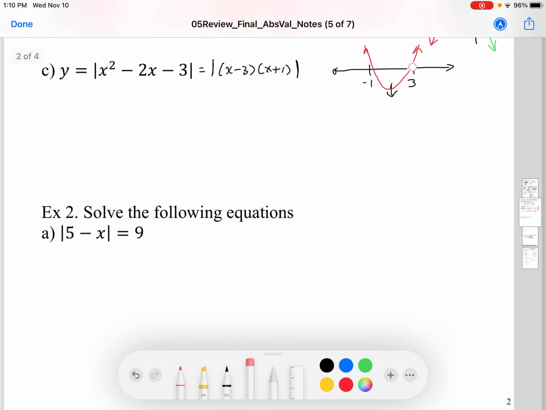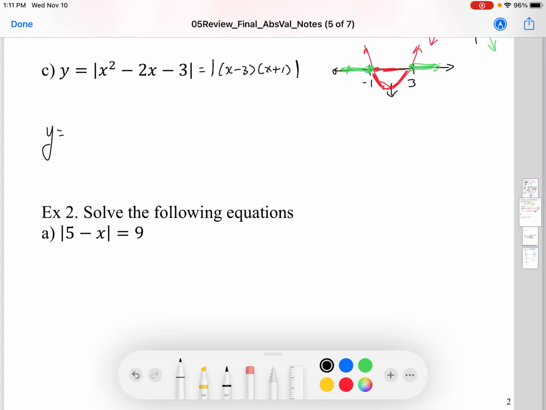So it's going to be above the x-axis over here, and then it's going to be below the x-axis down here. So I'm just going to shade that in a little bit darker. So between here and here is going to be below the x-axis. So that's how I establish my domain.